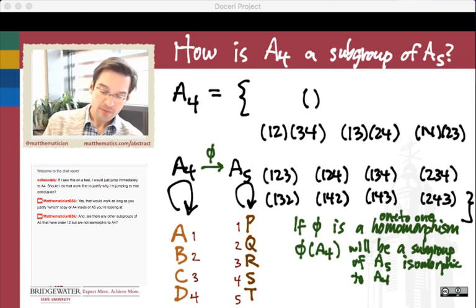So, for example, are the positions 1 through 4 in A4 going to be sent to the positions 1 through 4, respectively, inside of A5? That would be one way of making this correspondence, right? Position 1 becomes position 1, 3 goes to 3, 4 goes to 4, and so on. But then that leaves out position 5.